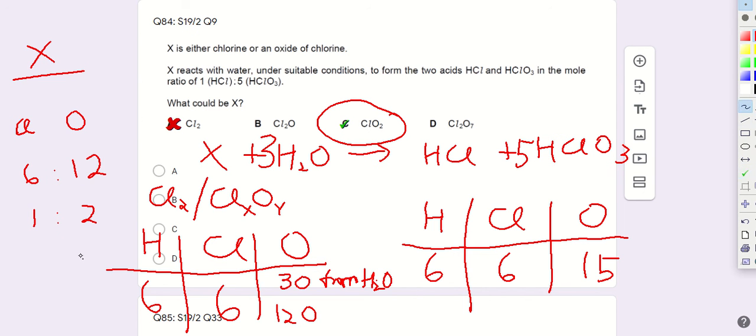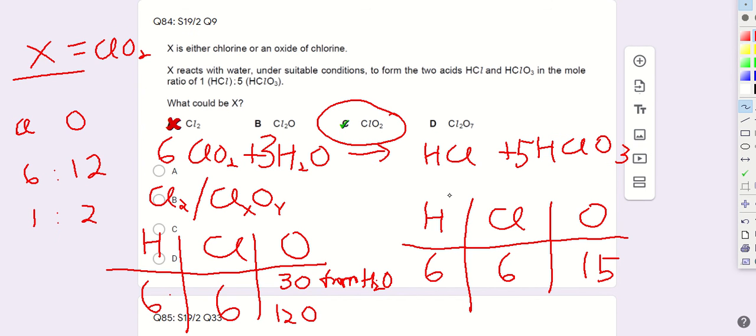ClO2. So if X is ClO2, let me put it into the equation, and I need 6 of them. Now let's check. I have 6 chlorine, correct? 6 times 2, 12 oxygen from X. 3 times 2, 6 hydrogen from water, 3 oxygen from water.